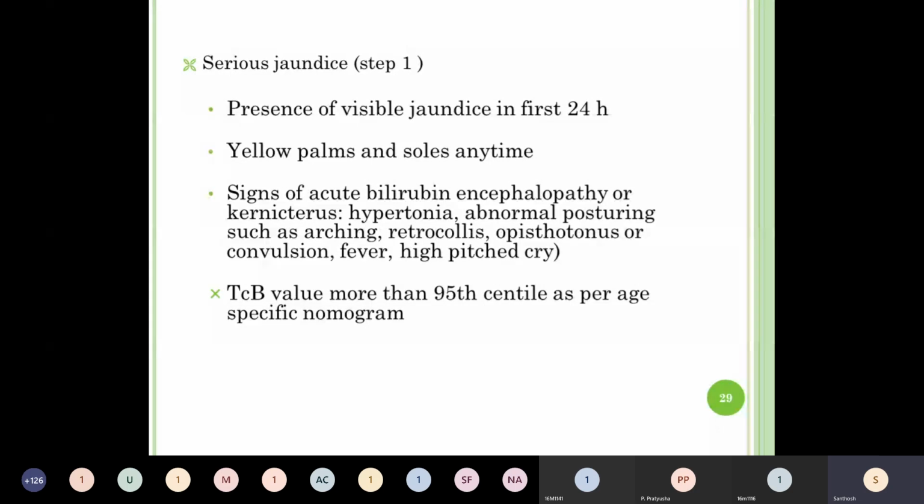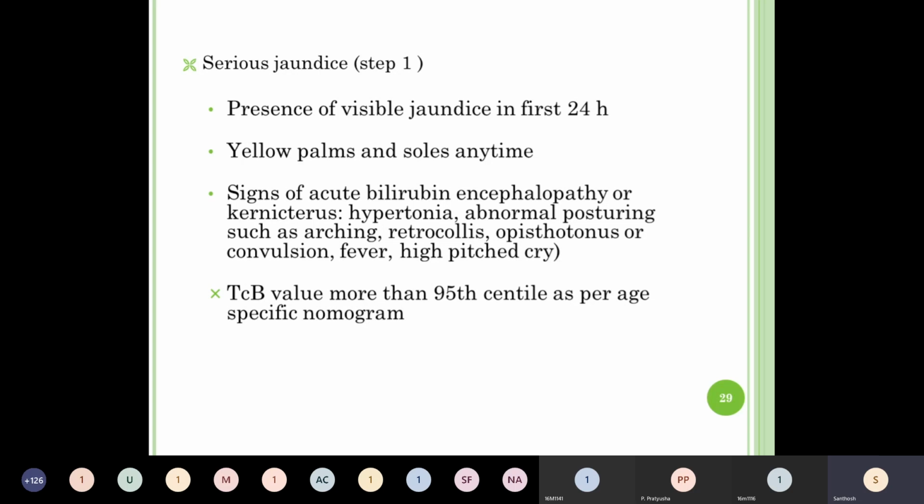Severe hyperbilirubinemia is when there is jaundice within 24 hours, palms and soles are involved, or there are signs of acute bilirubin encephalopathy. The value of bilirubin is more than the 95th percentile as per the age-specific nomogram. And the risk factors, as I told you, for bilirubin neurotoxicity: immune hemolytic diseases and G6PD deficiency, these babies have a very high chance of neurotoxicity.